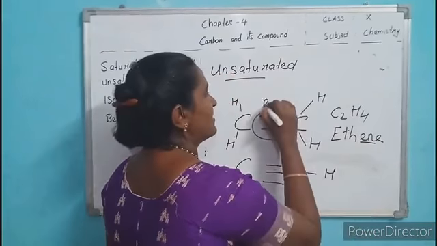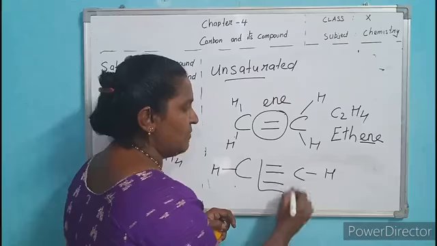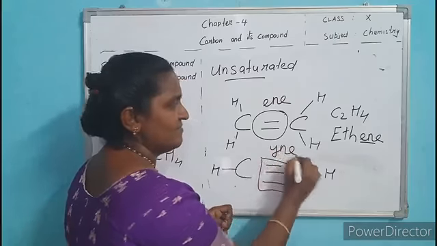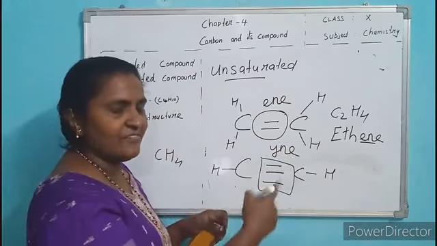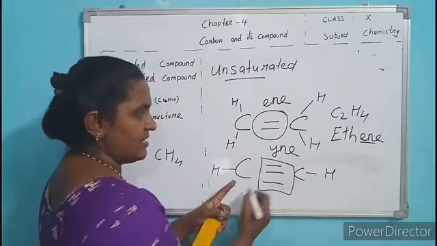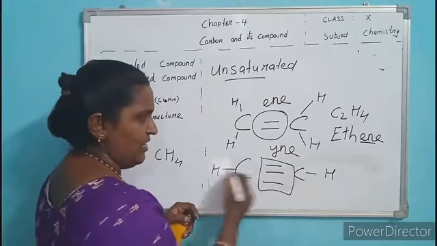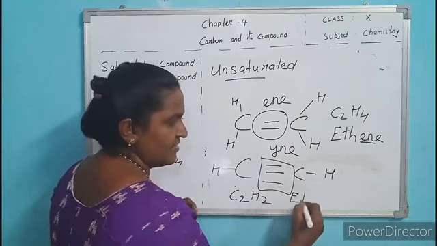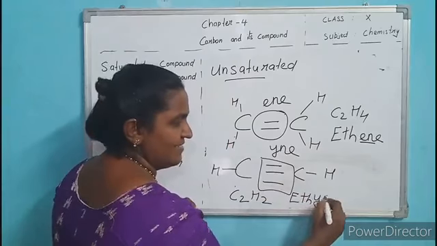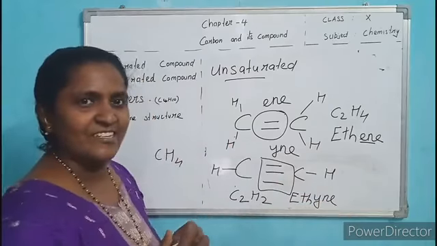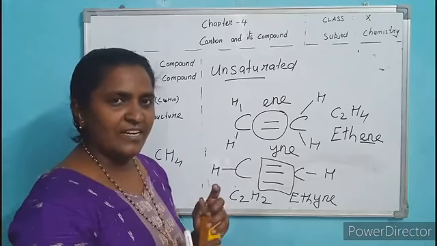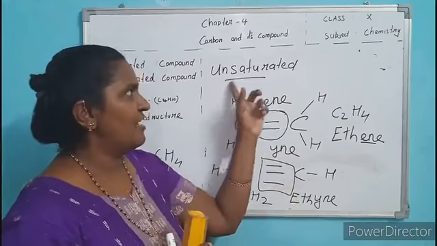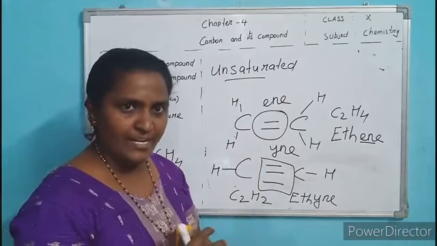This is for double bond, and for triple bond, ine. The IUPAC name will be studied later. And this is the condensed formula C2H2. 2 carbons means eth, triple means ine, ethine. Okay, are you clear? These are examples of unsaturated hydrocarbon.